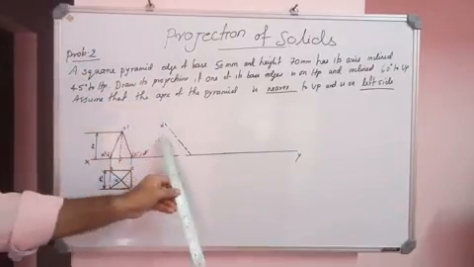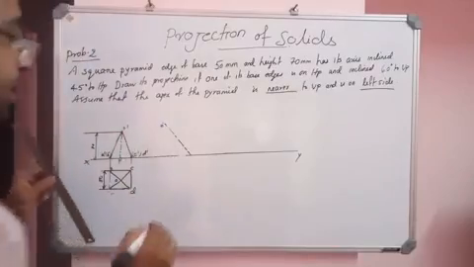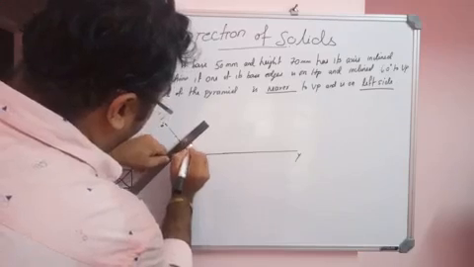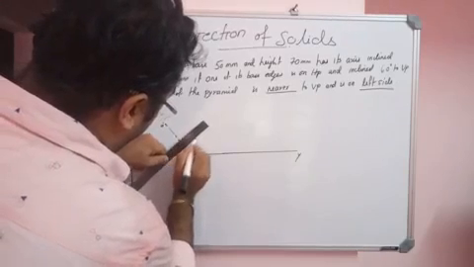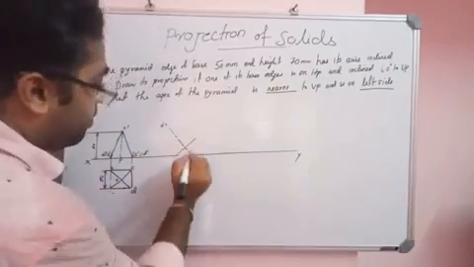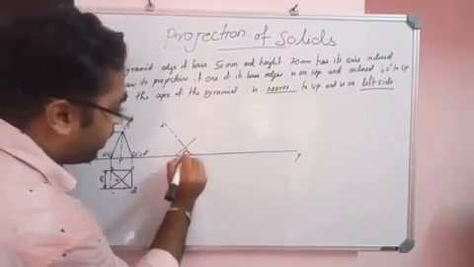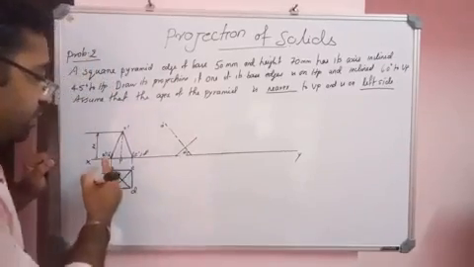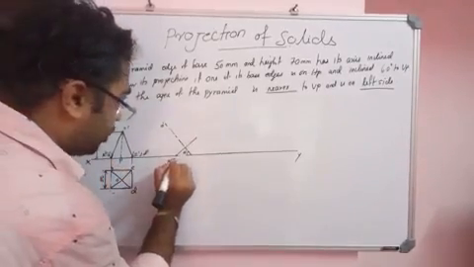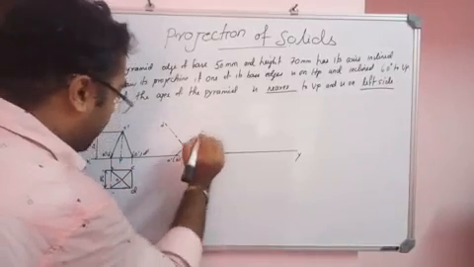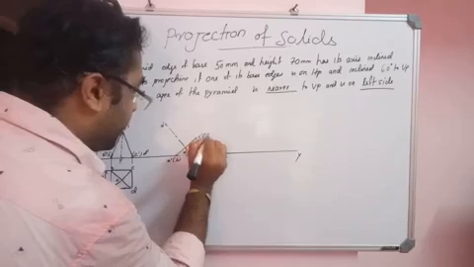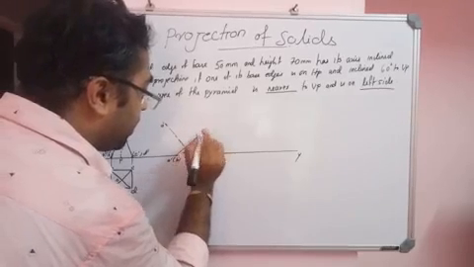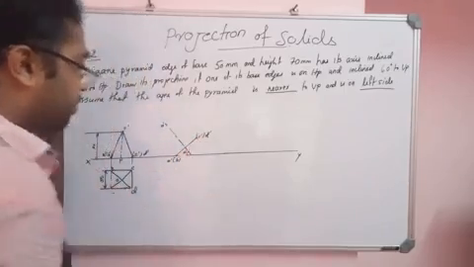So this height becomes 70 mm, and this axis is at 45 degrees, and then we denote the points A dash in brackets B dash, and C dash in brackets D dash.